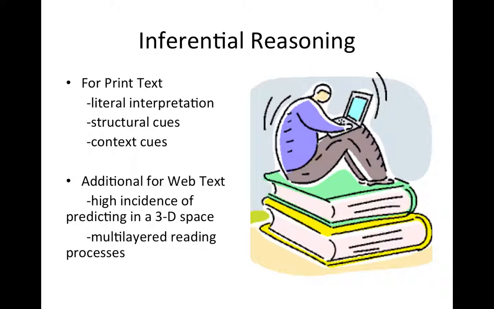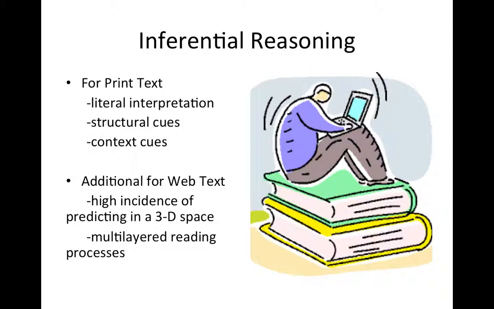But this time, your reasoning is a little bit different because you're not only filling in the gaps of what's there in the text, but your brain is also predicting where a link is going to take you. That's a different way of thinking than it is when you're reading a print book. And it isn't necessarily that the link is going to take you to a new place that's totally unfamiliar.